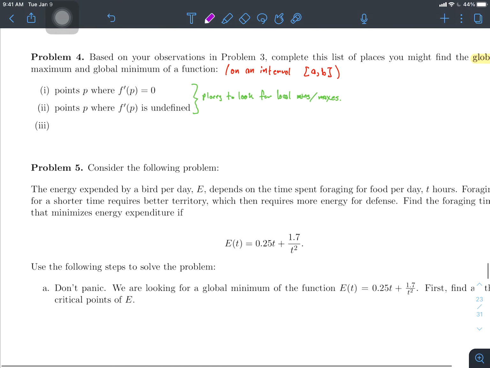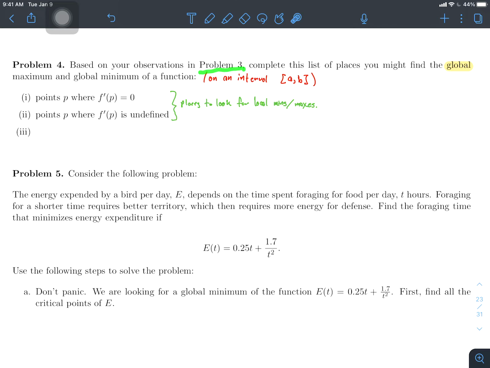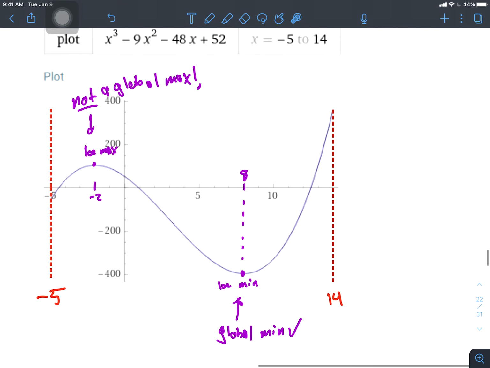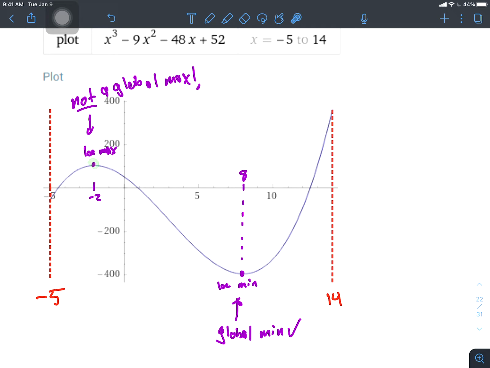Based on our observations in problem 3, we want to complete the list of places where we might look for a global maximum or a global minimum. So we already have these two from before. These ones are the places where we find a local max or a local min, so they're a natural place to check. Are those places global maxes and global mins? But there might be some other places that we want to look. So let's just ask ourselves, if this one isn't the global max, where is the global max? Well, it looks like the global max is all the way over here.